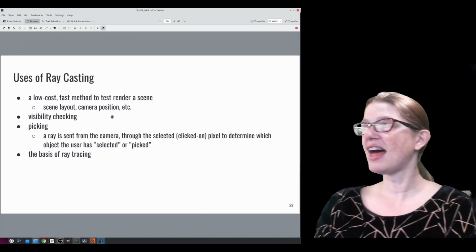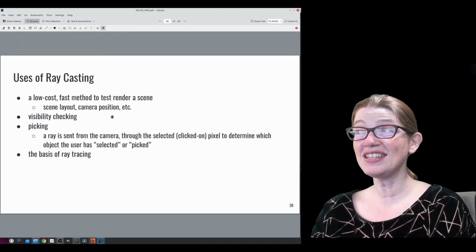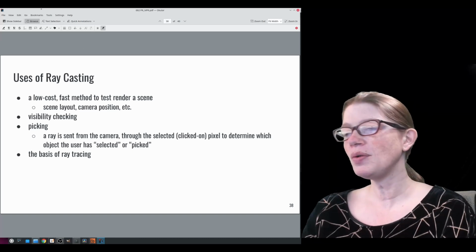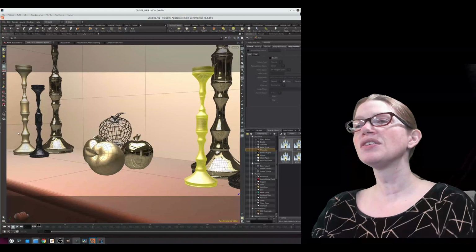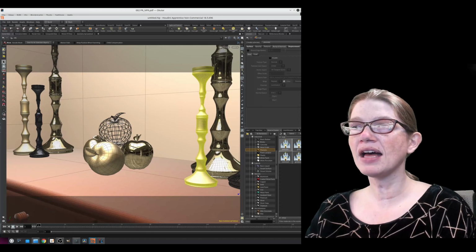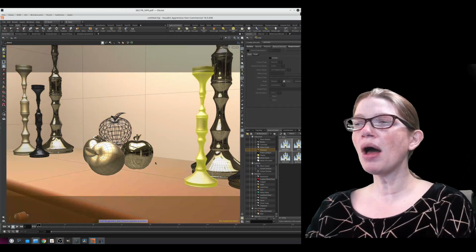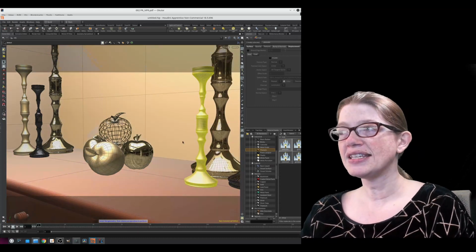Something else that the raycasting algorithm is used for is this concept of picking. When we have a 3D scene, I'm going to go back into Houdini here to explain this. So you have this 3D scene, and I'm going to click on this so I'm in selection mode. I want to select an object in this scene.